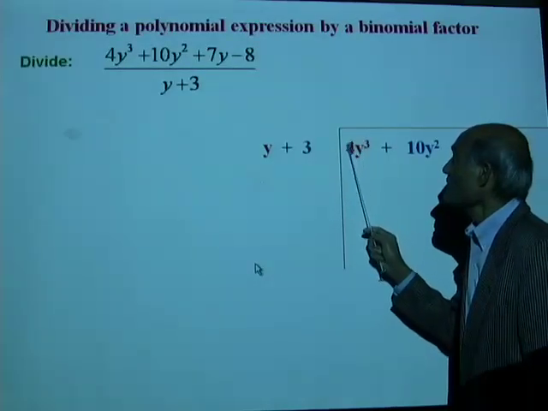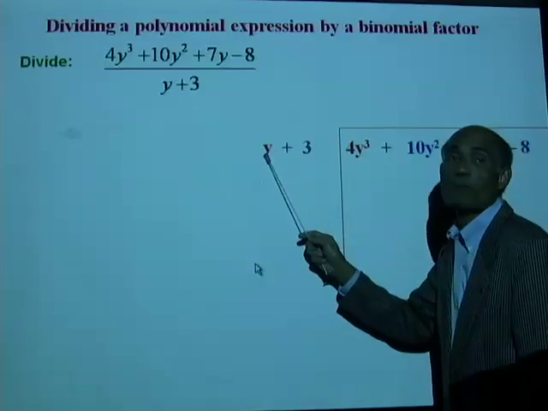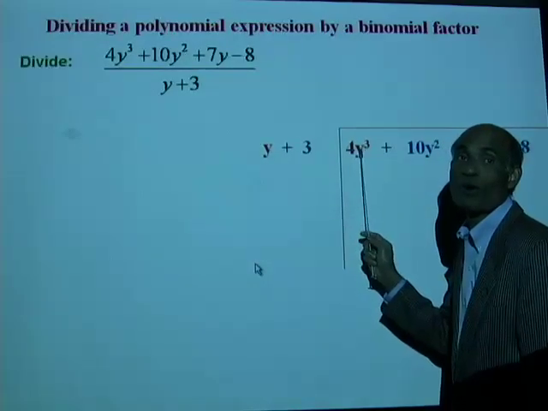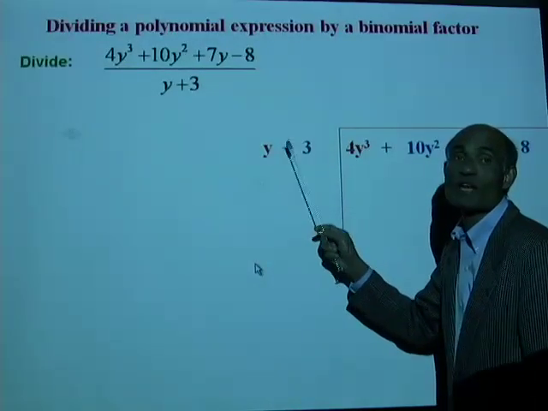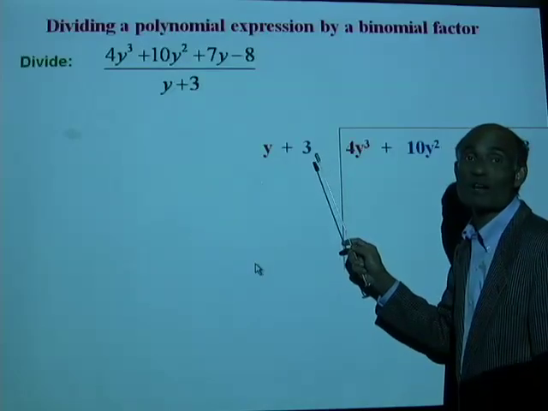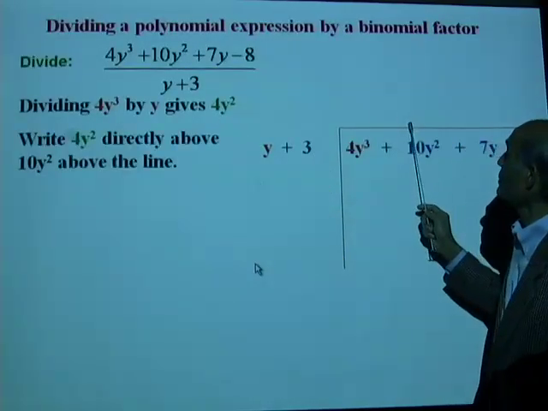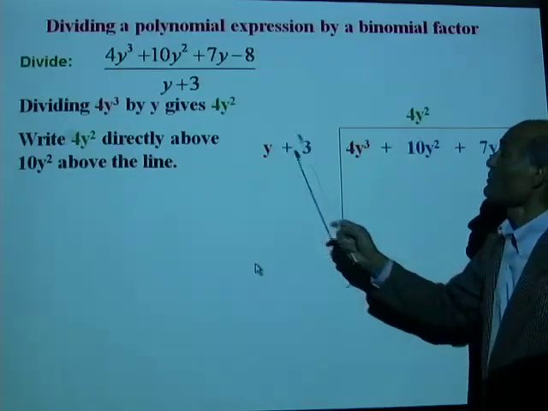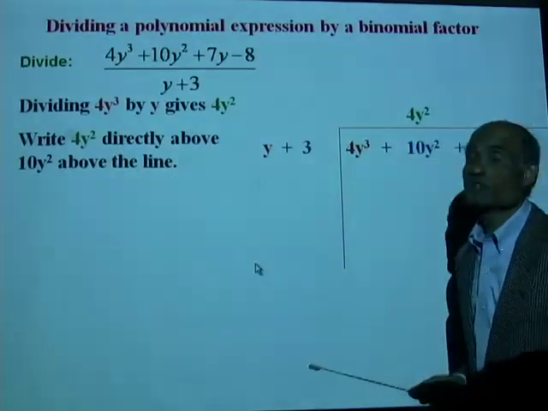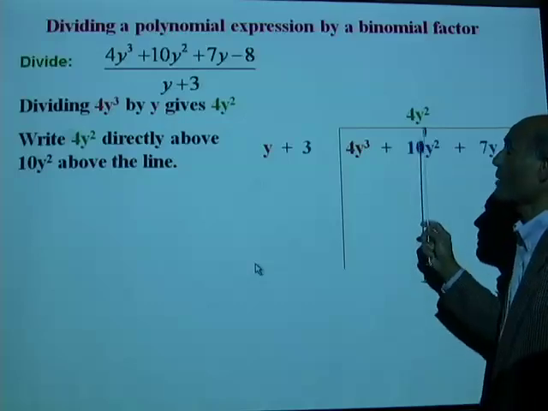Now divide this 4y cubed by y. What do you get? 4y cubed divided by y is 4y squared. Write that 4y squared over here, directly above 10y squared.